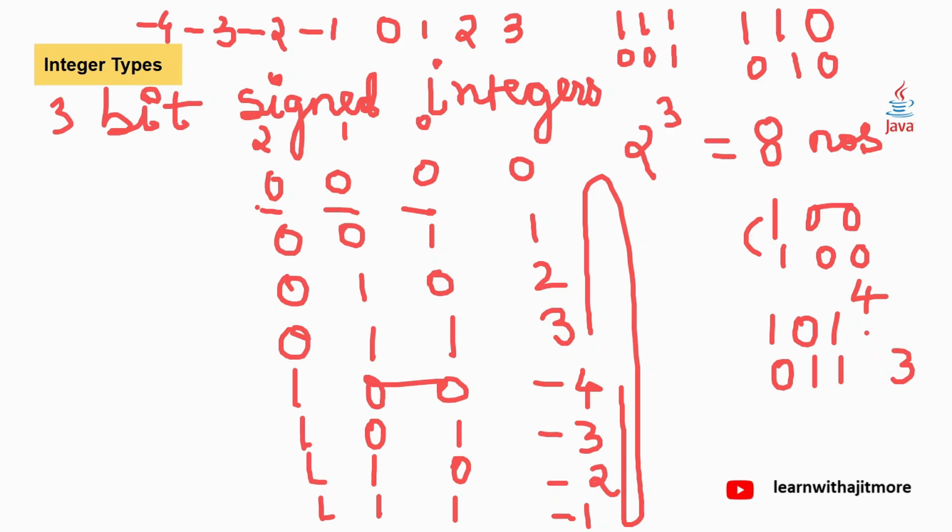From this we observed that if our number is a 3-bit signed integer, our minimum value comes out to be -4 and the maximum value comes out to be 3.